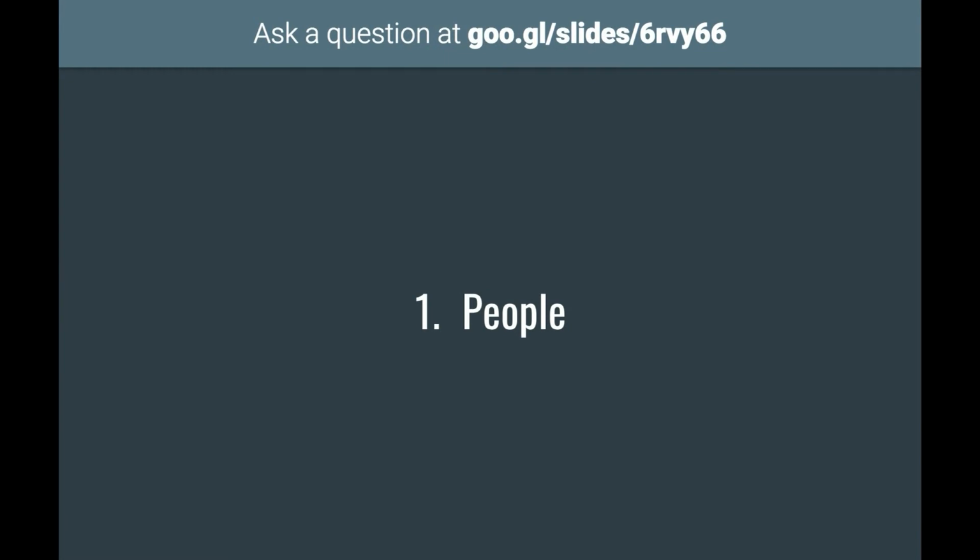So the first fundamental consideration is that you are dealing with people. And this is where we talk about our own role. This is where we talk about people on our team. This is where we talk about the people that we support. This is where we talk about the other departments that are in our organization, people that we interact with.